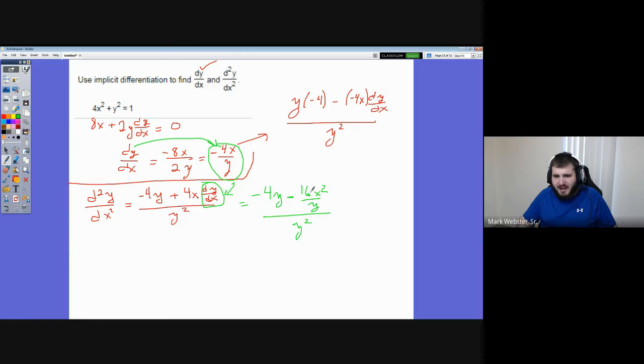But if I multiply everything through by y to take care of this fraction in a fraction, it'll look a little bit less ugly. I just multiplied this by y, this by y, this by y, with the intent of clearing out this fraction, right?